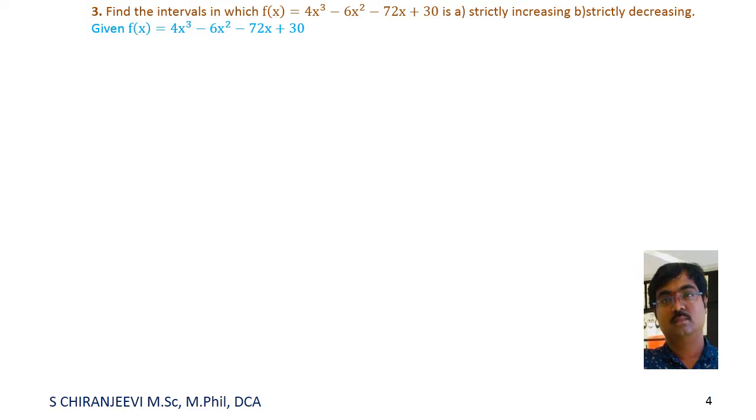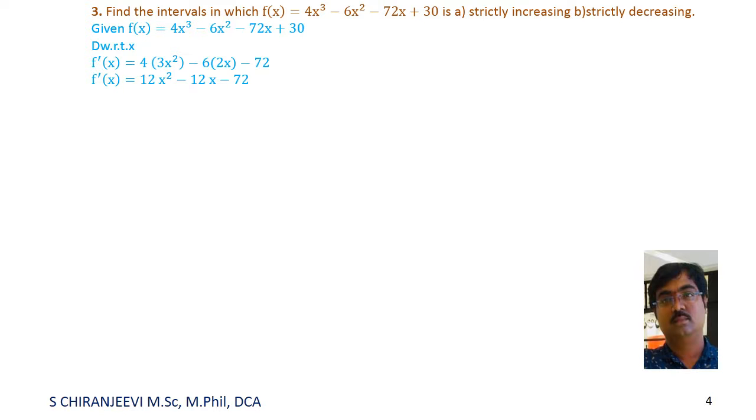Given f of x equal to 4x cube minus 6x square minus 72x plus 30, differentiating with respect to x, f dash of x equal to 4 into differentiation of x cube is 3x square, minus 6 into differentiation of x square is 2x, minus 72 into differentiation of x is 1, plus differentiation of 30 is 0.